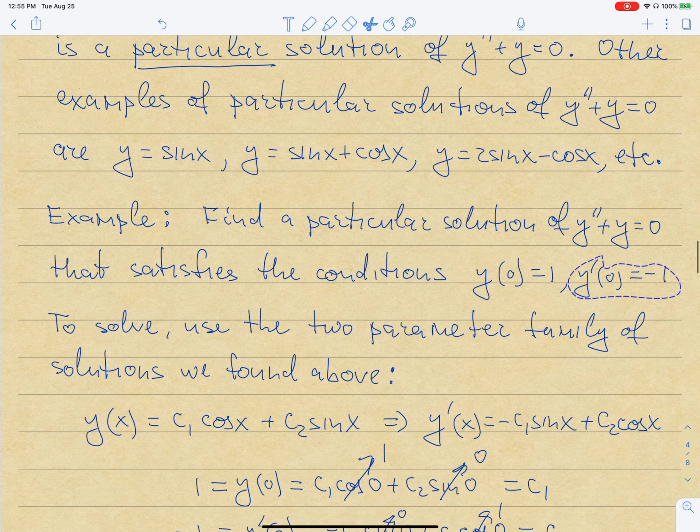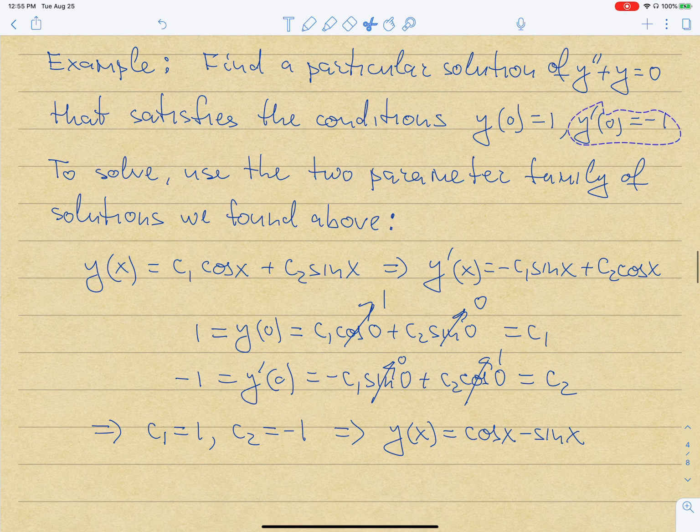So I already know that c1 cosine x plus c2 sine x solves my ODE regardless of what c1 and c2 are. And now I need to figure out what c1 and c2 produce these values for y of 0 and y prime of 0. And so I need to figure out y prime. If y is like this, y prime I get just by taking a derivative.